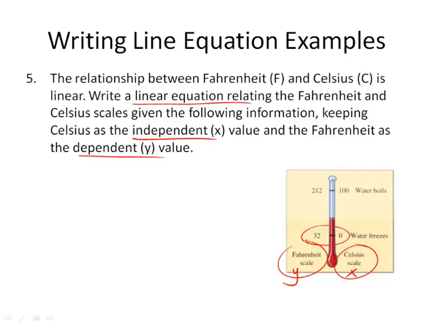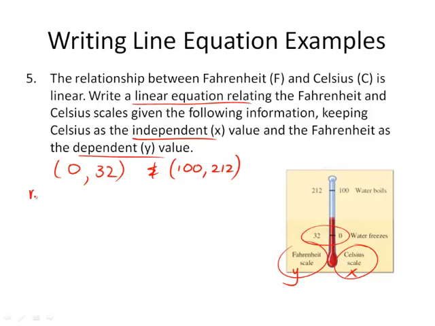They've given us some information, so let's first write our ordered pairs. So we know that this translates to Celsius, Fahrenheit, 0, 32 is 1 point in this relationship. Another point is 100, 212.